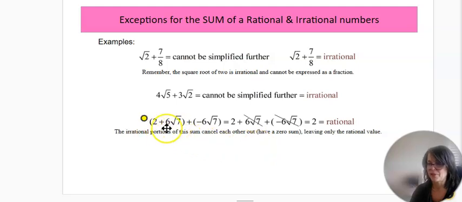In this case, 2 plus 6 square root 7 plus a negative 6 square root 7, those cancel each other out. We have a positive and negative of the same number. We end up with just 2. So you see, we simplified a problem and ended up with a rational answer, even though we started out with some irrational numbers involved.